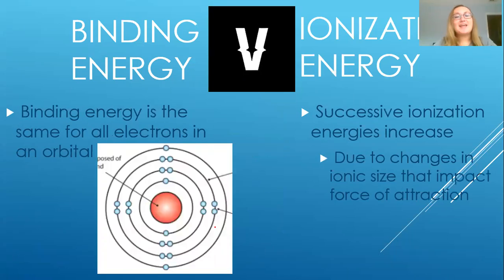One key difference is that binding energy is the same for all electrons in an orbital. So these two electrons in the first orbital here will have the same binding energy. These 8 electrons in the second orbital will have the same binding energy. Whereas we know that successive ionization energies increase due to the changes in ionic size that impact the force of attraction.